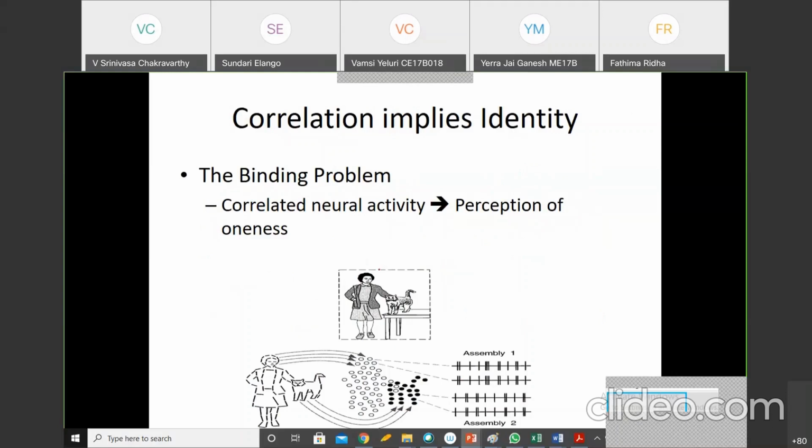Now, suppose I'm looking at this picture, like a person standing next to a cat. Visually, this person is processed by a bunch of neurons, the cat is processed by another bunch of neurons. So what happens is all the neurons which process the person fire in synchrony.